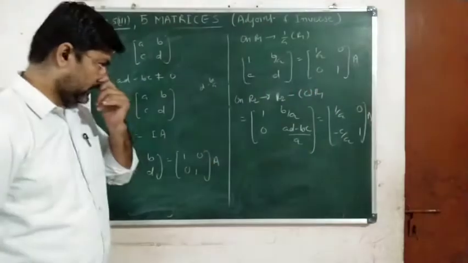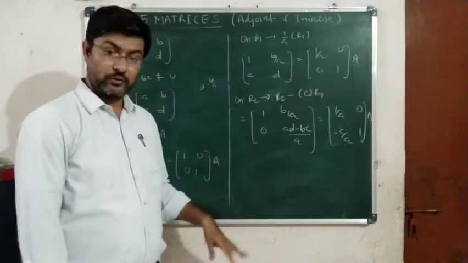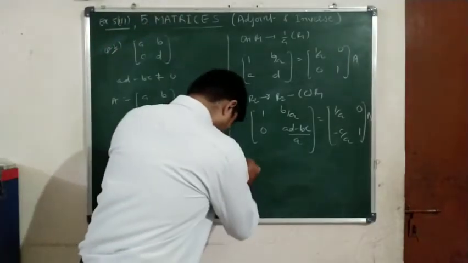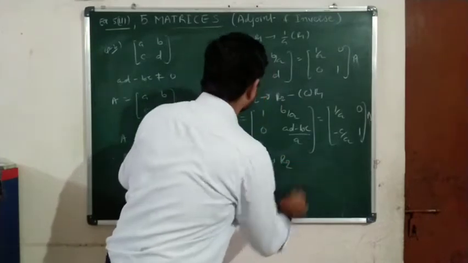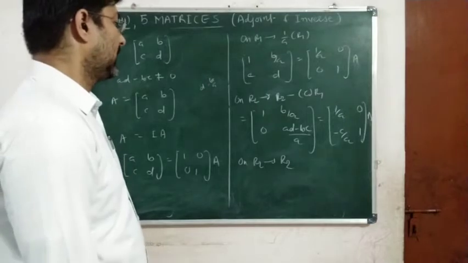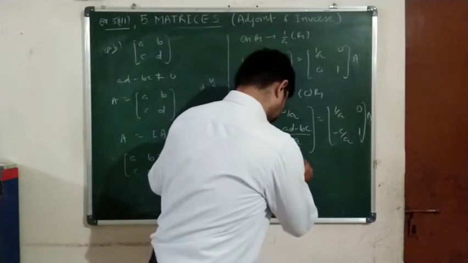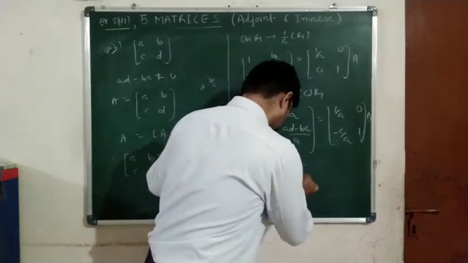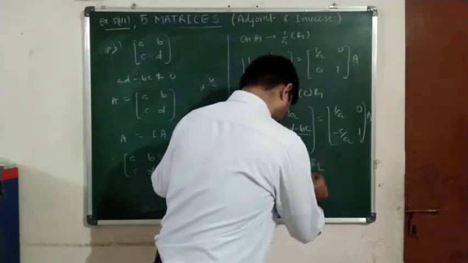Clear? Okay, now we want to bring 1 over here. So in order to bring 1, we will multiply by its reciprocal, simple. So on R2, A upon AD minus BC into R2.